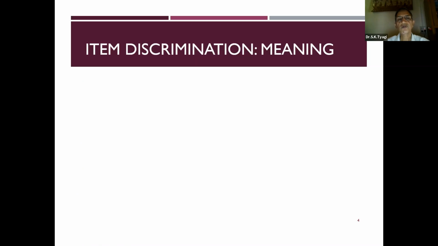Now, let us come to the two indicators of item analysis, two statistical indicators. One is item discrimination. Although I believe you have some notion of item discrimination, for the beginners, let me start with basic things. Item discrimination, what does it mean?